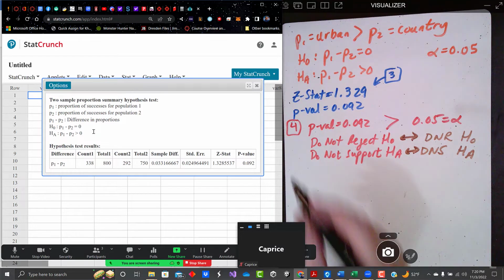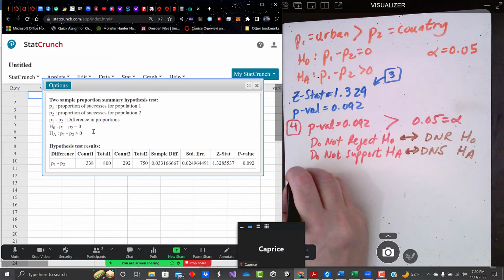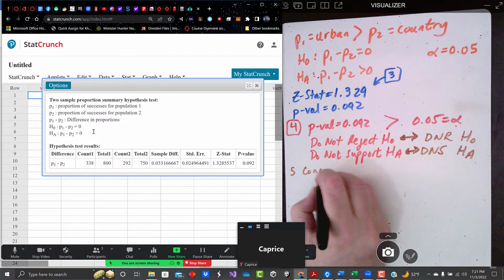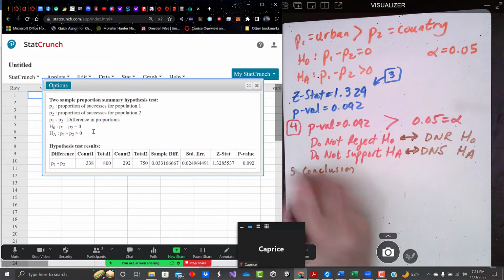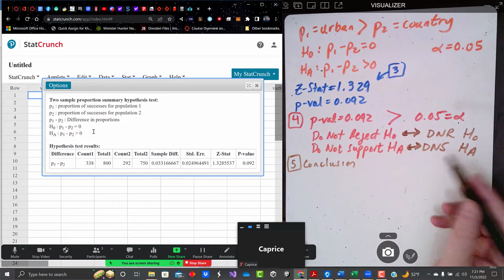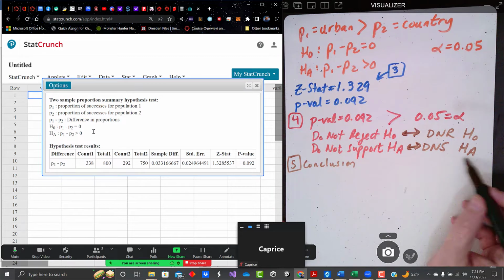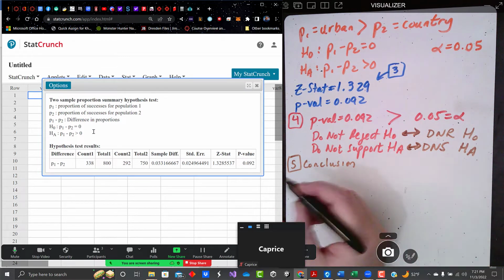So, step 5, conclusion. We are not supporting HA. We can't support HA because we don't have enough evidence.